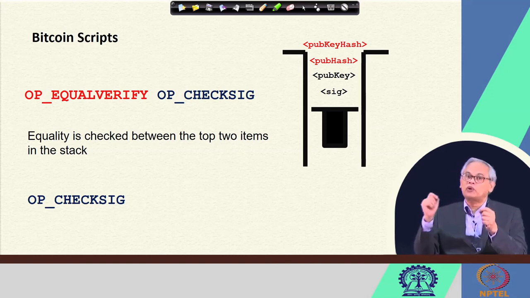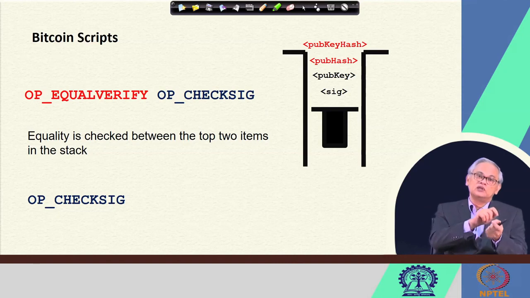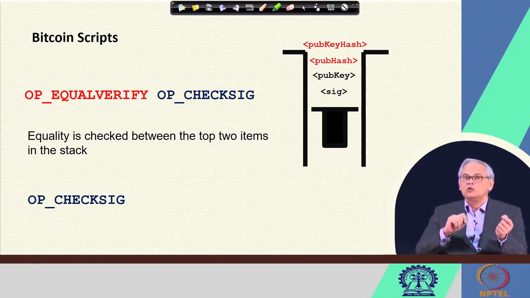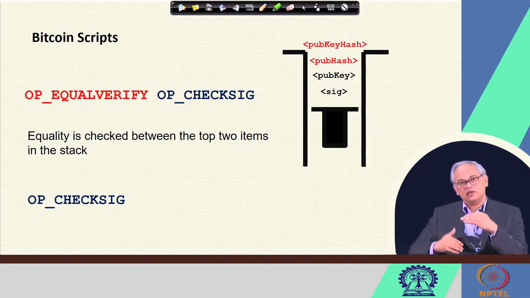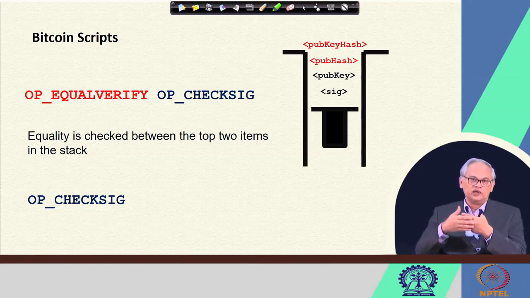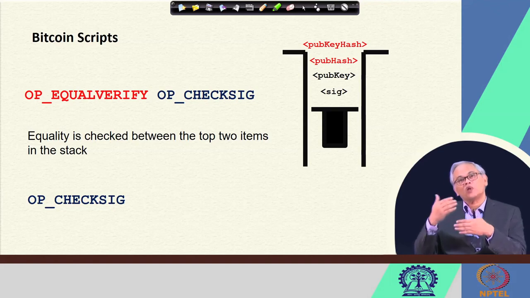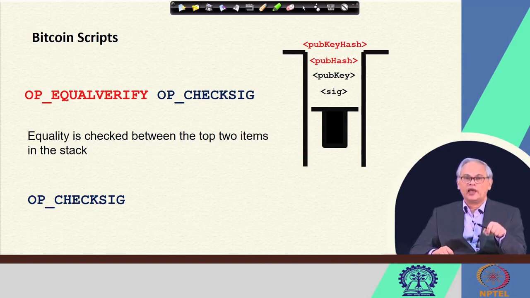That was the hash of the public key of Bob that he had shared with Alice to make the payment to. So in the script pub key we had the pub key hash, and in his script SIG, Bob had his SIG and the pub key. What has been done so far is that the pub key Bob had provided was duplicated, and then the hash was generated, which is the pub hash that you see here, and then the pub key hash, that is the address to which Alice had made the payment.